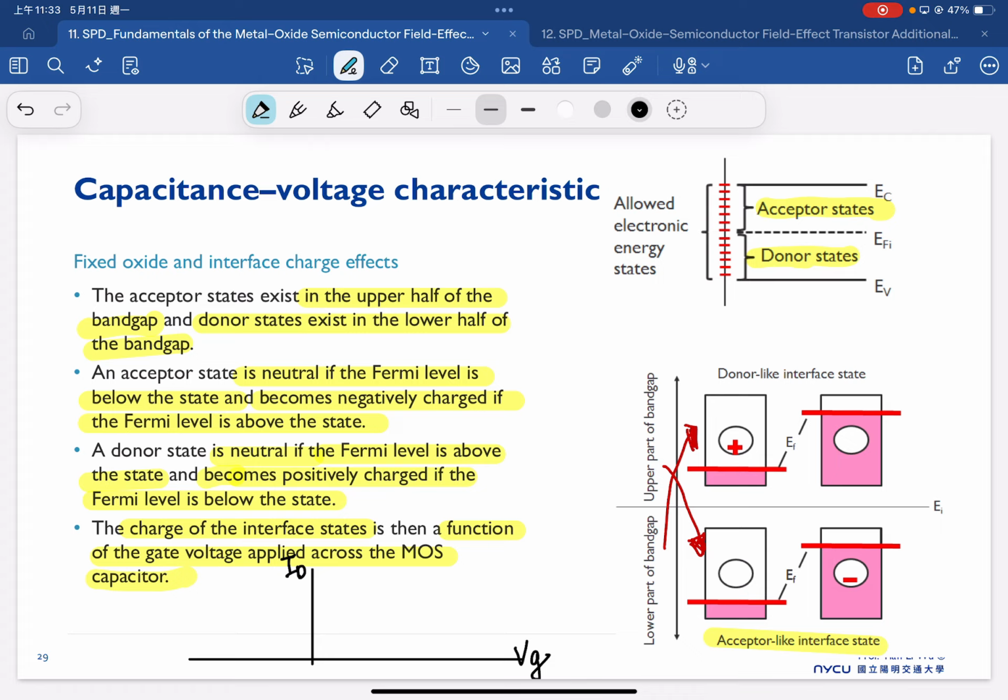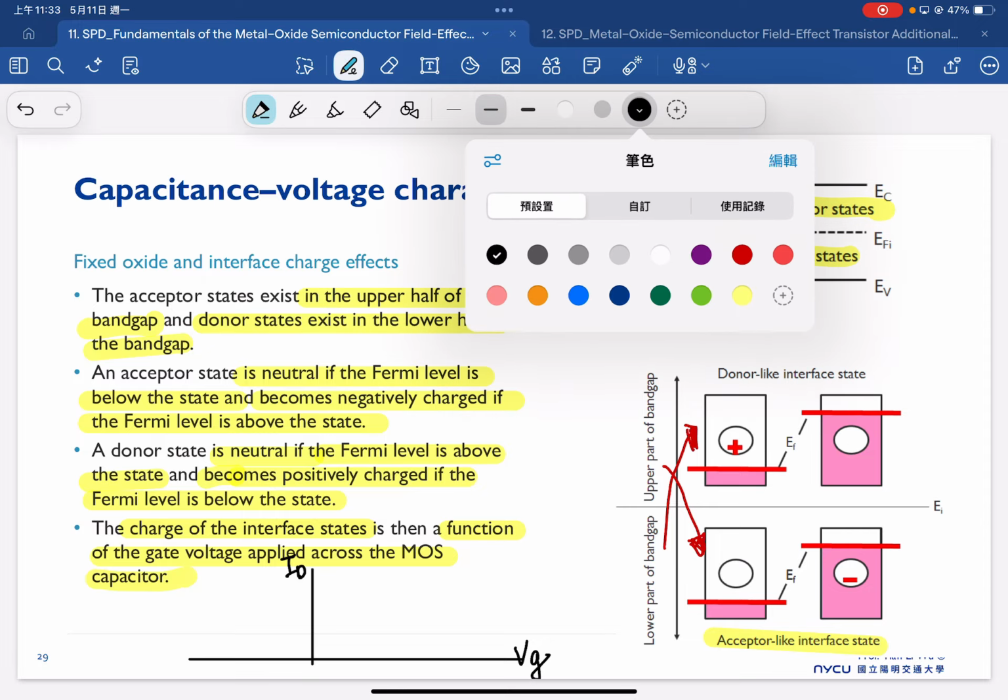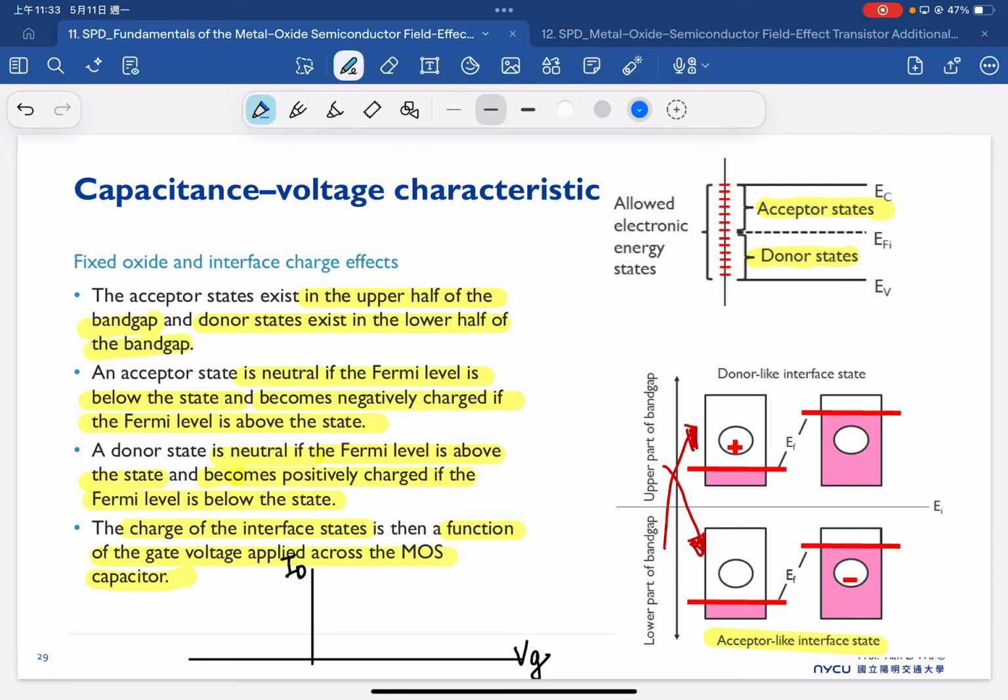So therefore, we will use one typical IV to illustrate this characteristic. This is a typical ID-VG that has a VTH here.